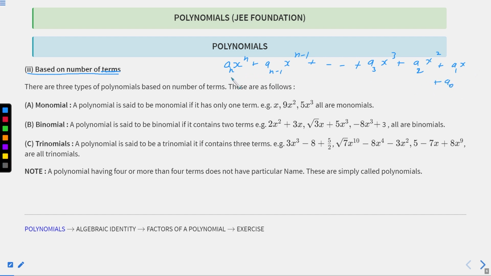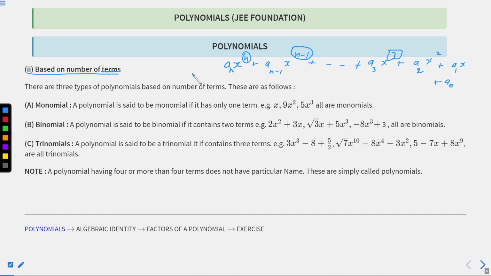This is my standard form of a polynomial in decreasing order of the indices of x. As you see, the power of x is decreasing. So this is my standard form for a polynomial in decreasing order.